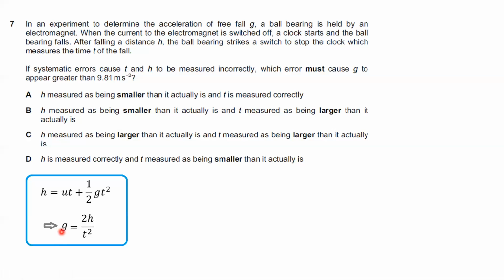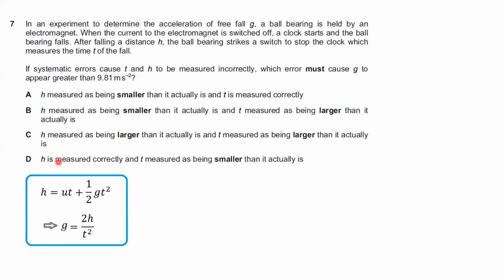I repeat again, when h is higher, your g gets higher. At the same time, your t gets larger, that time g gets smaller. So there will be a small difference or no difference in g. So that is not the option. So option C is incorrect.